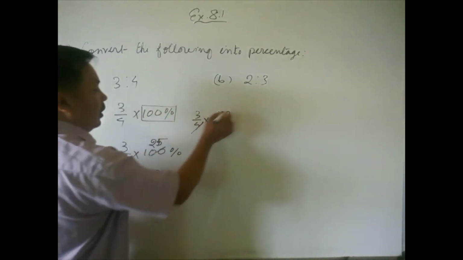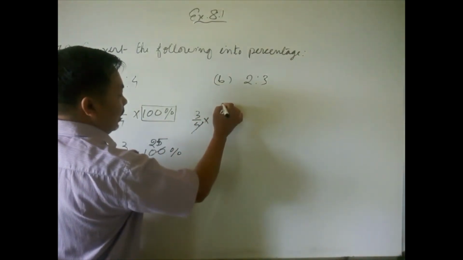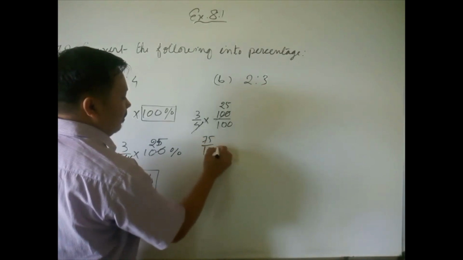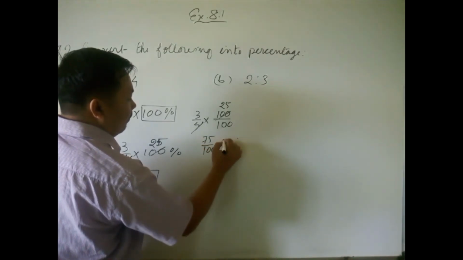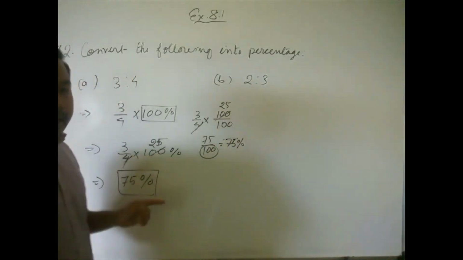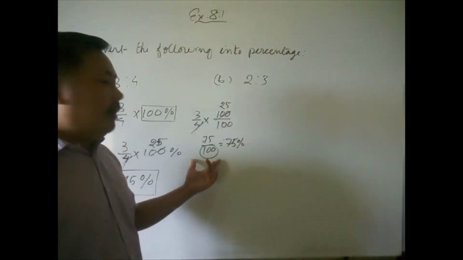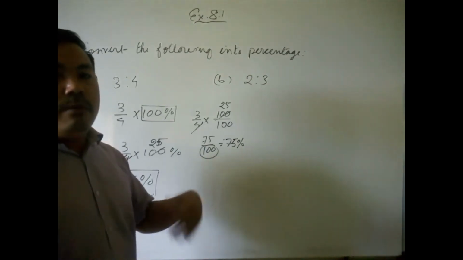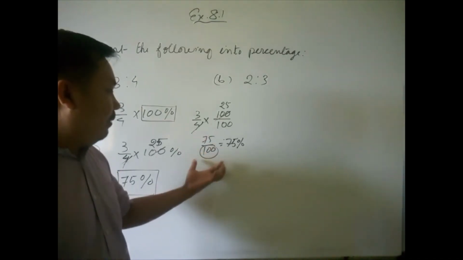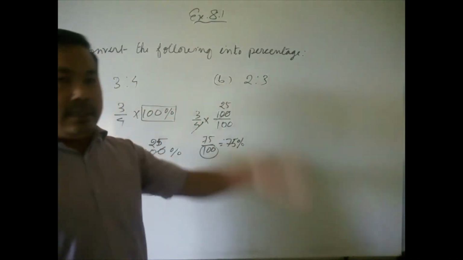So if you get 25 here, then you get 75 by 100. 75 by 100 means 75 percent. Any number having the denominator as 100 is called percent, out of 100. Percent is out of 100. 75 out of 100 means 75%.